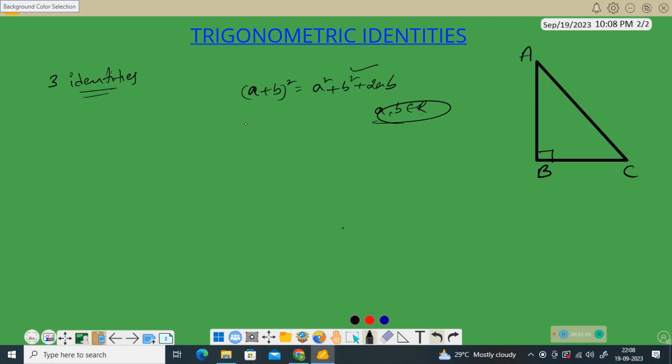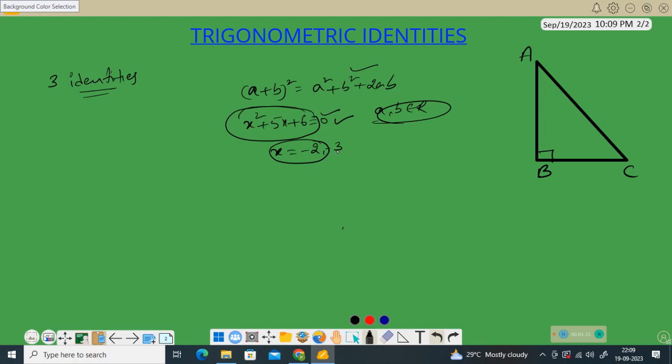But x square plus 5x plus 6 is an equation. It is satisfied for only some limited values. This quadratic equation is satisfied only for x equal to minus 2, minus 3. If we substitute x equal to minus 2 in the LHS, we get the RHS value 0.